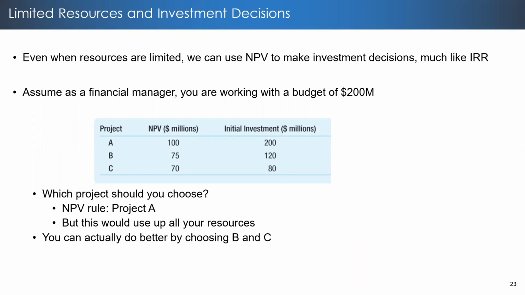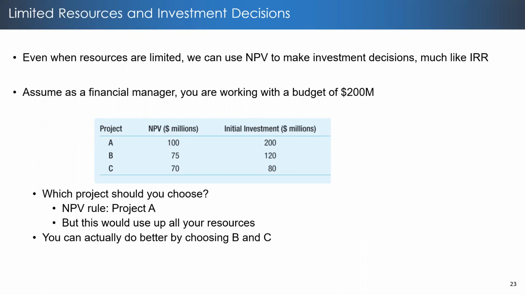So how do we calculate the PI for each project? We have a net present value for project A, which can be thought of as an inflow, and it takes an initial investment of $200, that is the outflow. So the profitability index for this one is $100 over $200, which is 0.5.